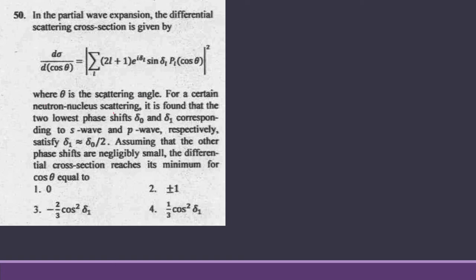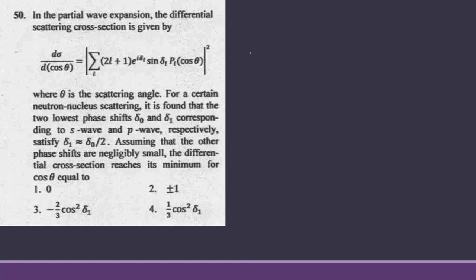For a certain neutron nucleus scattering, it is found that the two lowest phase shifts delta naught and delta 1 corresponding to S wave and P wave respectively satisfy delta 1 is approximately equal to delta naught by 2, assuming that the other phase shifts are negligibly small. The differential cross section reaches its minimum for cos theta equal to, so you have to find the value of cos theta for which d sigma by d cos theta is minimum.